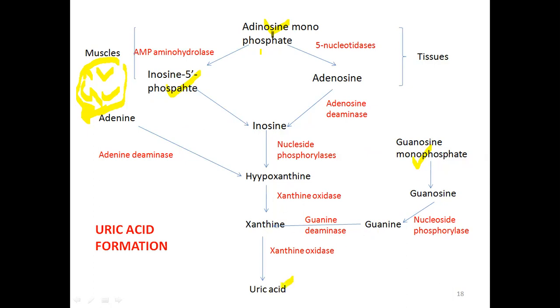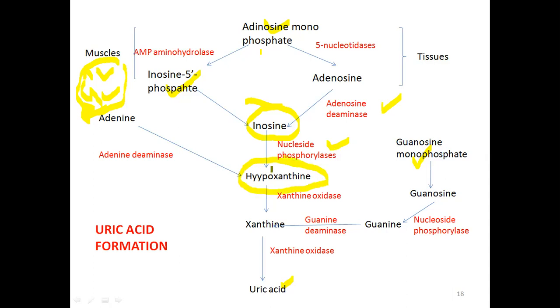Let us see how it happens. The adenosine monophosphate gets converted into what is known as inosine in presence of this important enzyme known as adenosine deaminase. So this adenosine deaminase converts adenosine into inosine. Inosine in presence of nucleoside phosphorylase forms hypoxanthine.